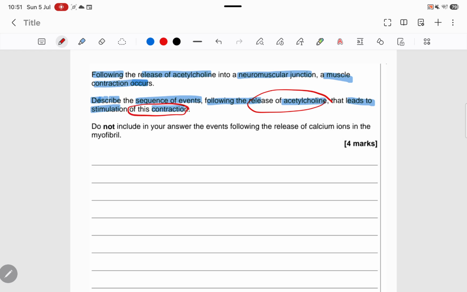So this is a series of events, but again there is one more instruction over here. Do not include in your answer the events following the release of calcium ions in the myofibril. This means you don't need to write about the sliding filament model.